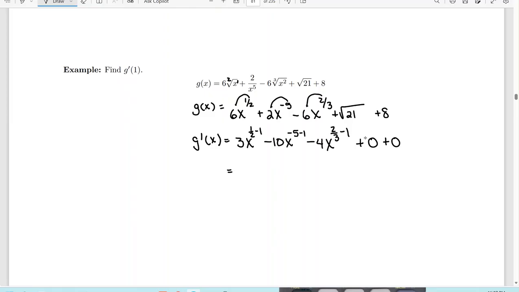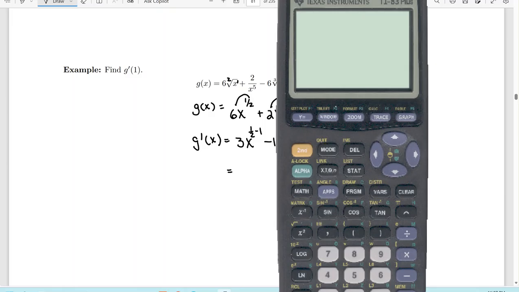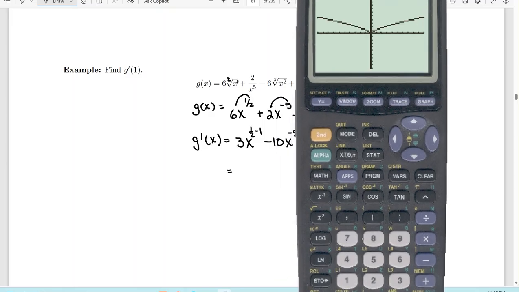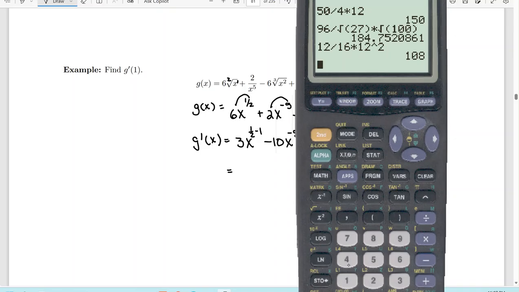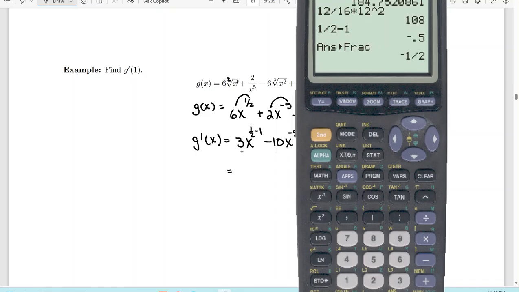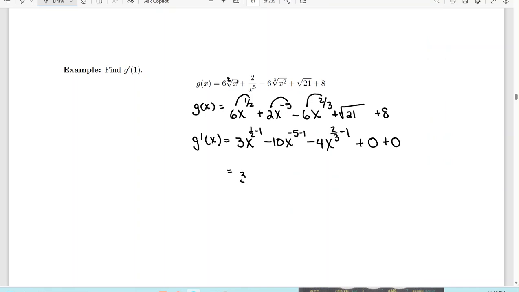All right, and now clean up your powers. And if you're not great with your fractions, then get great with your calculator and leave it as a fraction. And again, if you can do it in your head, that's great. If not, write it down. If I take 1/2 minus 1 and then convert it back by doing math, enter, enter, I get the fraction negative 1/2.